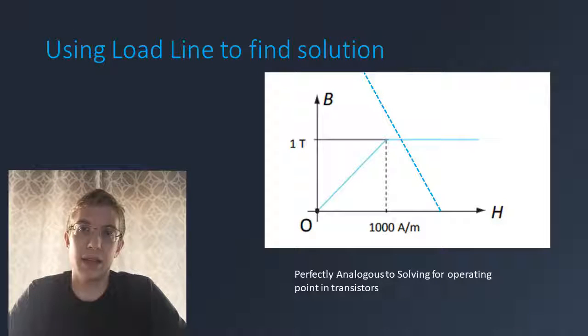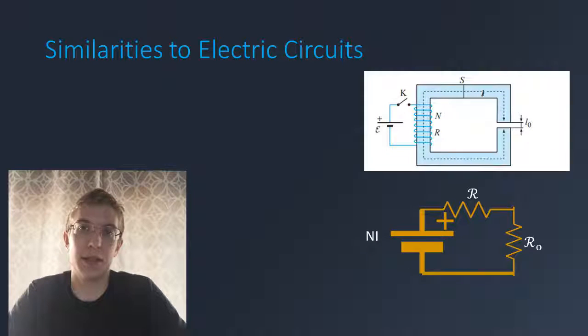The key to solving these magnetic circuits is by using the load line of the system, and this is analogous to looking at nonlinear electrical components like transistors, and the equations are very similar as shown. Due to the similarities in magnetic circuits and electric circuits, they can be solved in similar ways.